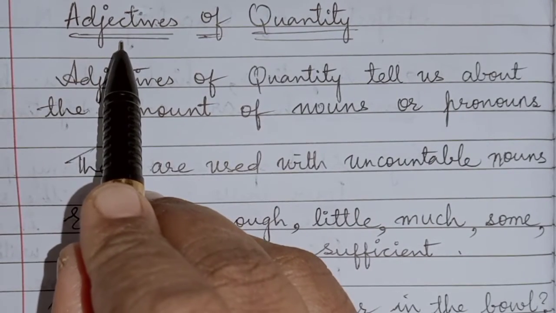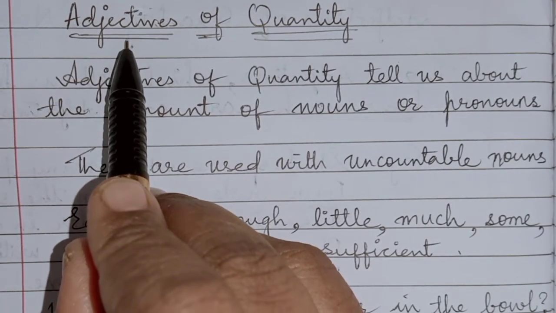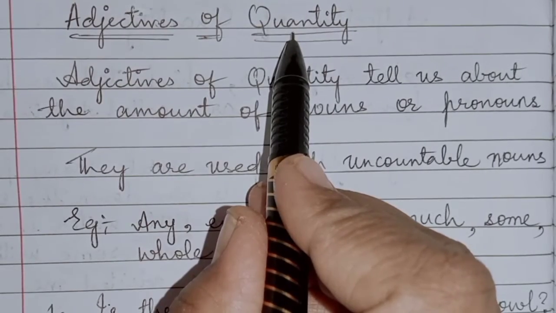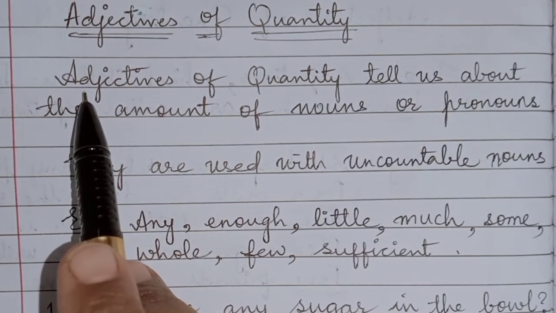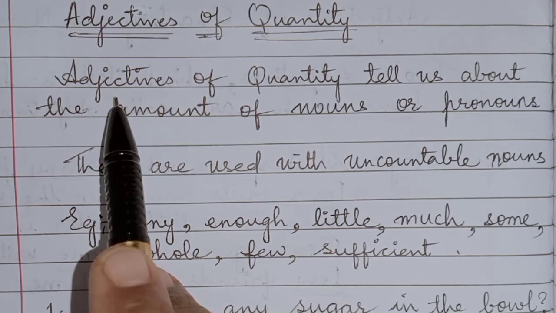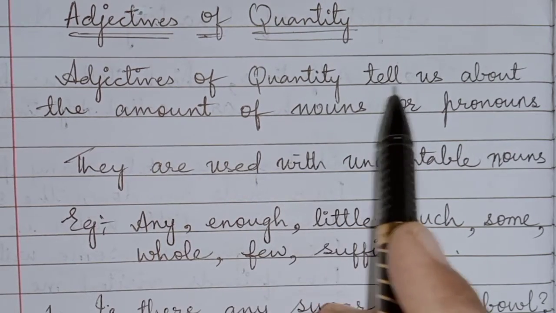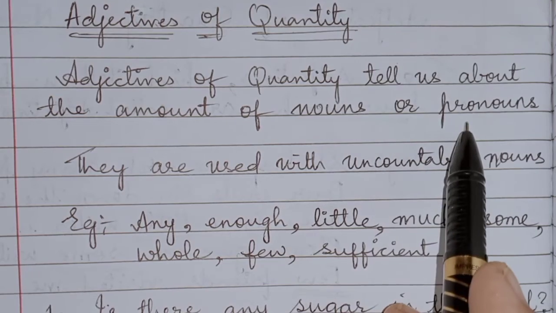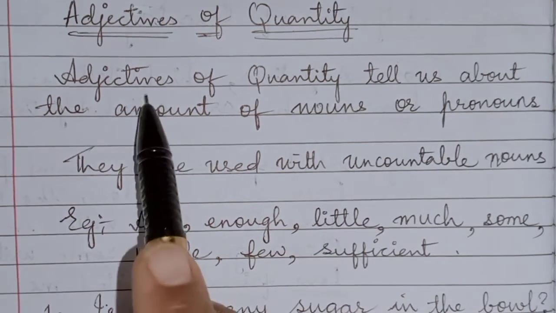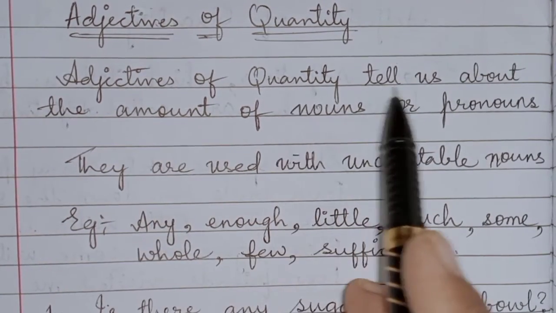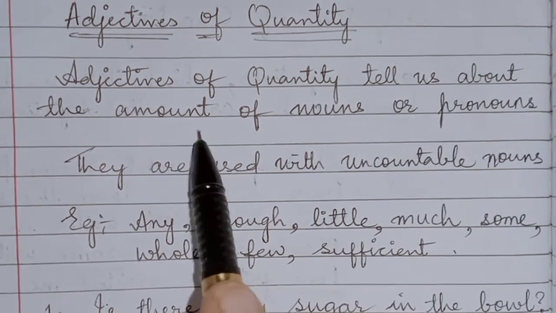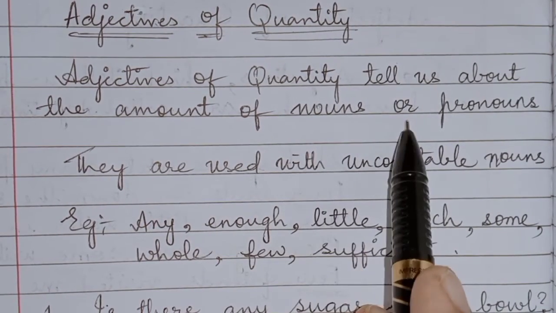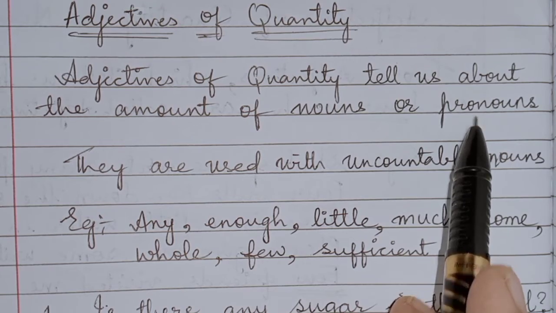The third type of adjective is adjectives of quantity. Adjectives of quantity tell us about the amount of nouns or pronouns.